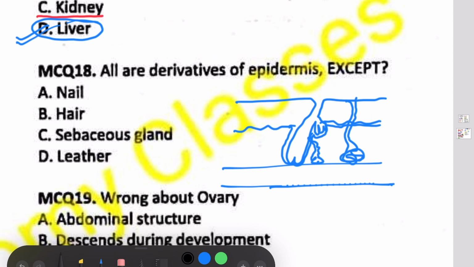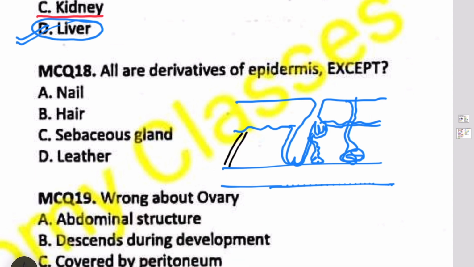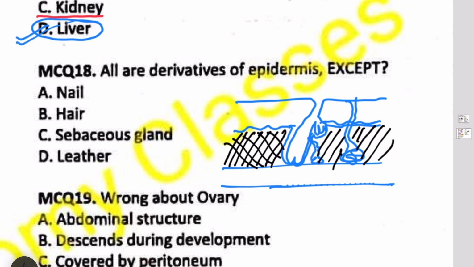If you talk about leather, leather is actually because of the irregular, densely packed collagen fibers in the reticular dermis. This actually forms the leather, right?